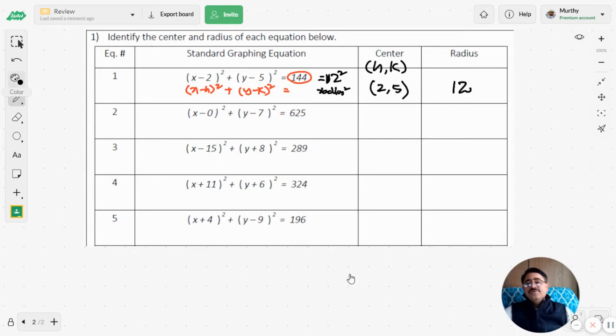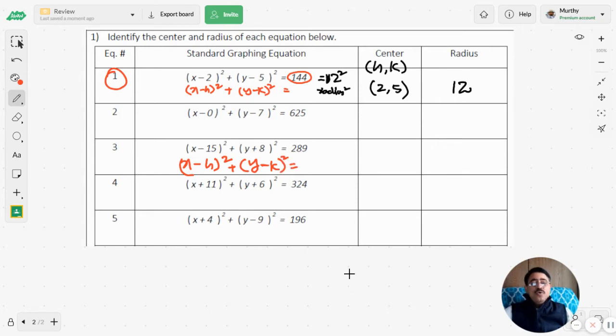Let me take another question. Always write that (x minus h) squared. So let me quickly jump to the third one. (x minus h): I see x minus 15, which resembles x minus h. But when it comes to y plus 8, I know that here it is (y minus k) squared.